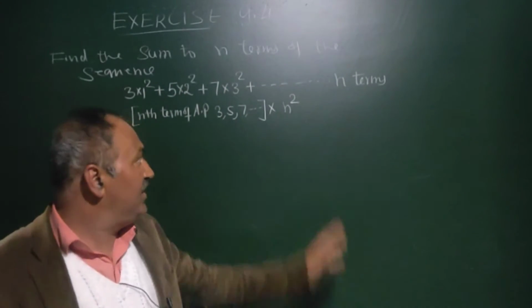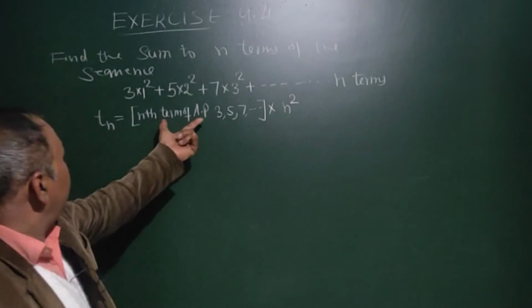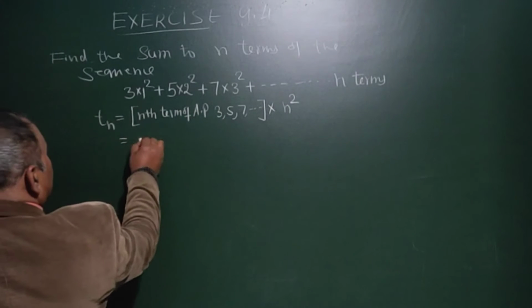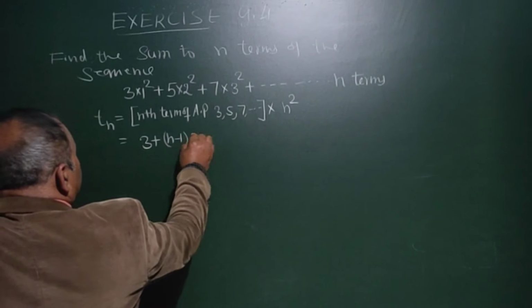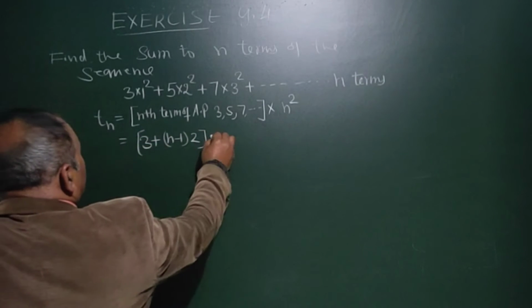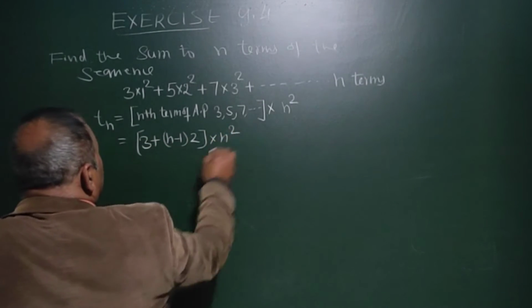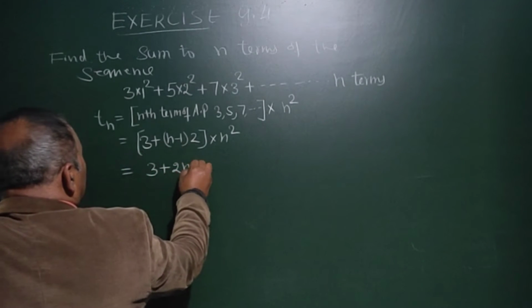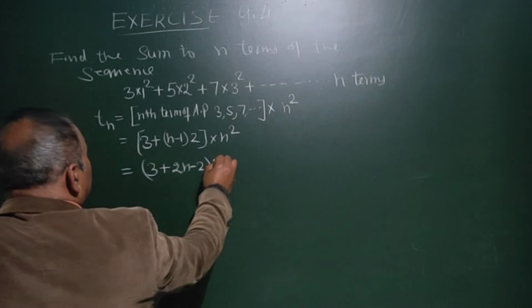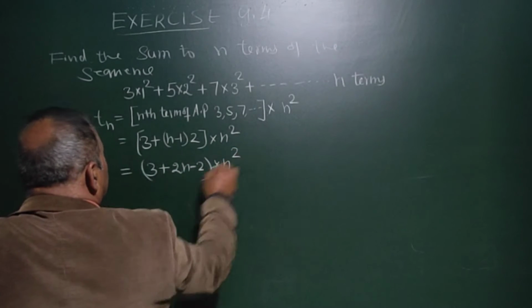Therefore in nth term it will be n square, and its nth term is 3 plus n minus 1 into 2 into n square, and that will be equal to 3 plus 2n minus 2 into n square.